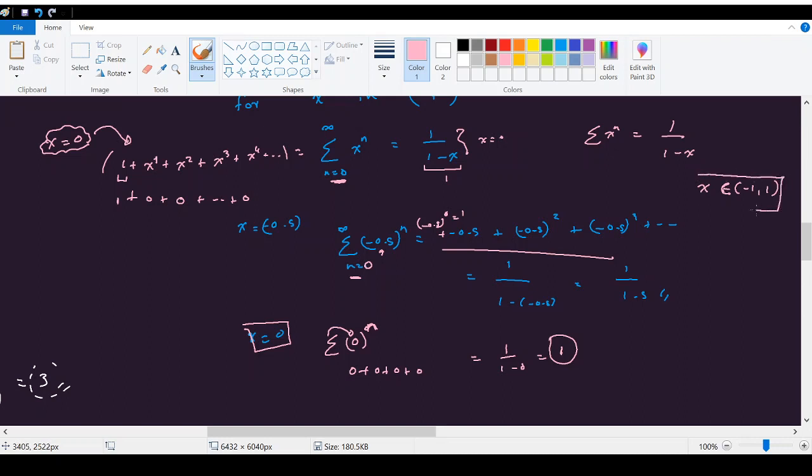This is the representation for saying x is an element of the set -1 to 1. Okay, so this is very, very important and you must remember this result.